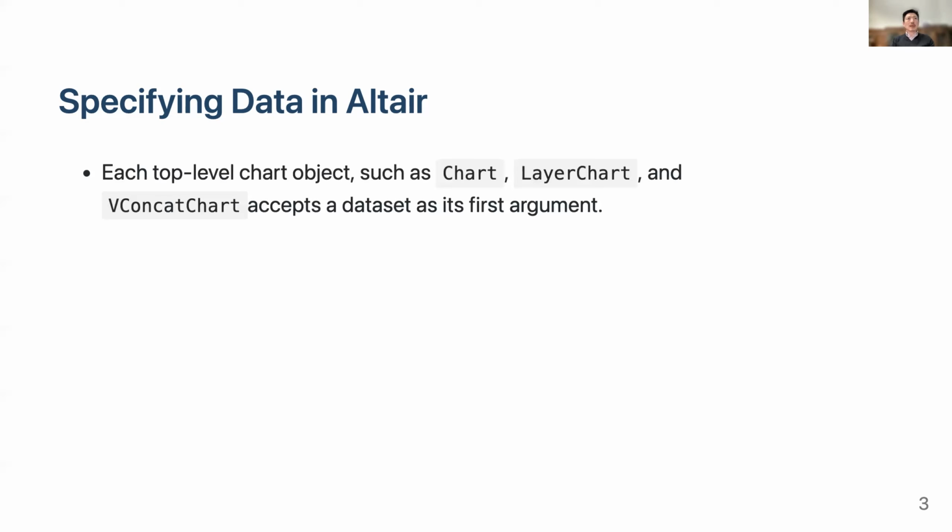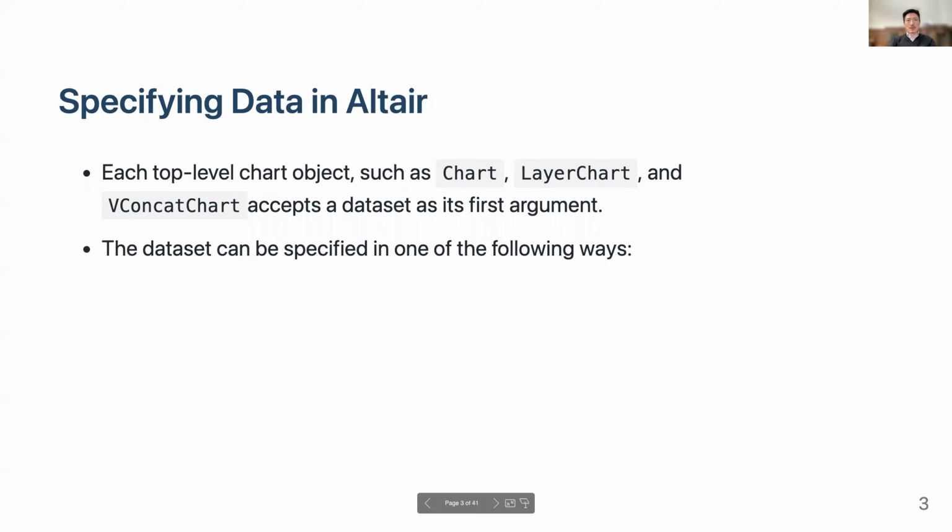Okay, and then in Altair, each top level chart object, which we mostly just used the chart so far, and we will cover layered chart and v-concat chart, which stands for vertical concatenated chart, which means having multiple charts in a dashboard type of view. Anyway, it accepts data as its first argument, and we'll see examples very soon if you don't remember from last week. And the data set can be specified in a few different ways.